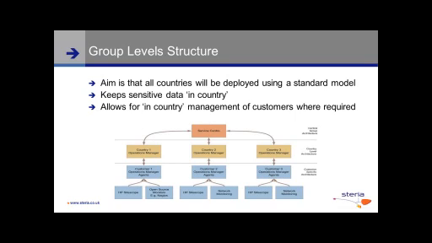What it also allows us to do is, from a country level, give visibility of country deployments to the staff within that country. We're not imposing the big brother type approach on our in-country staff, and what they've actually got is the ability to manage their customers using the deployment.